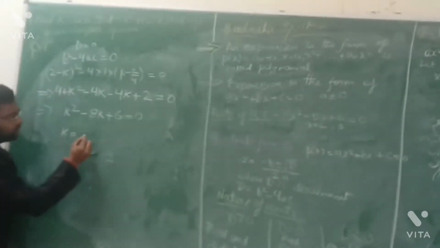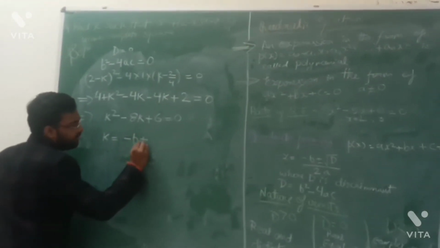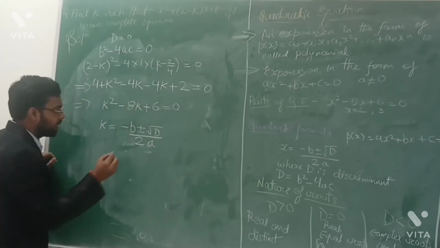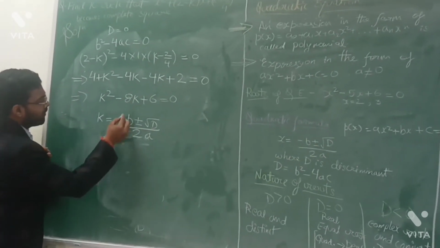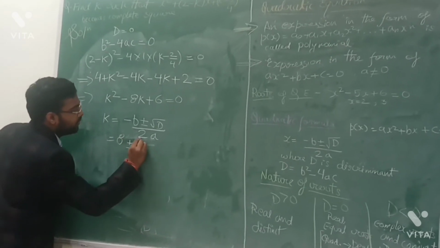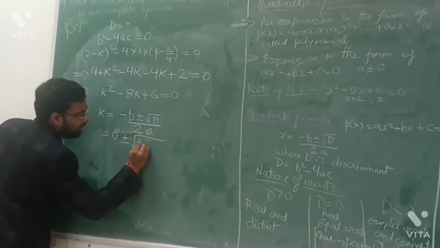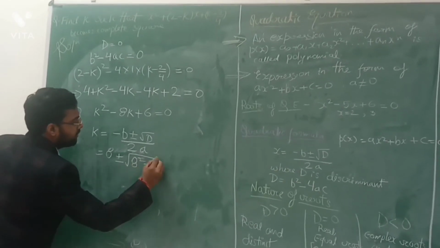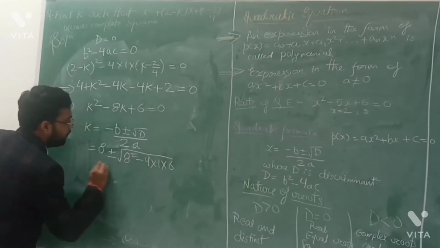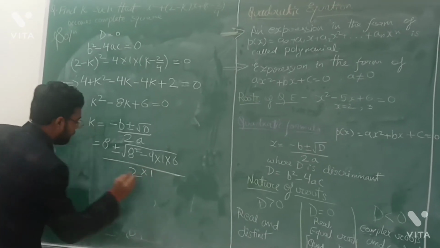We have to use the quadratic formula here. k = (-b ± √D) / 2a, which means k = (8 ± √(8² - 4 × 1 × 6)) / (2 × 1).